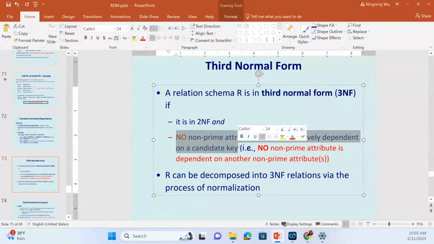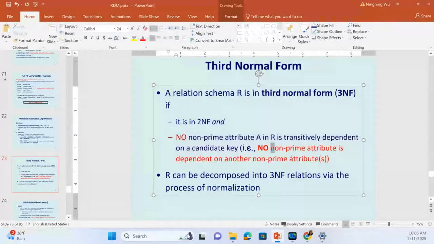So it means that no non-prime attribute is transitively dependent on a candidate key or the primary key, either way. This second condition can be easily translated as: no non-prime attribute is dependent on another non-prime attribute.